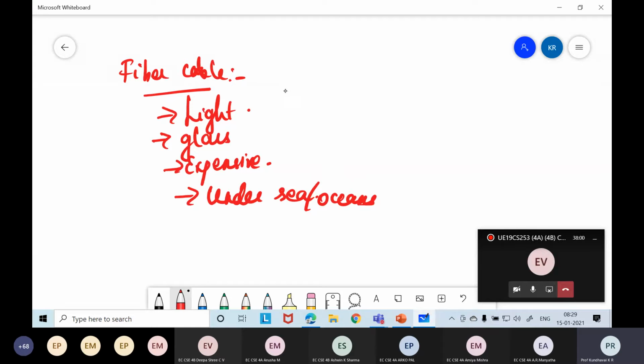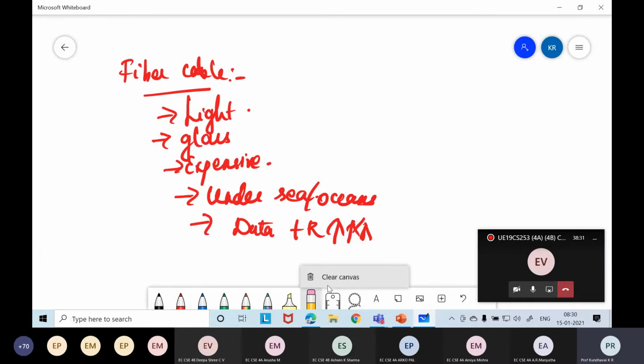It has tremendous data transmission rates, very, very high. Since it's expensive, they are not using it locally. Twisted pair and coaxial cables are enough locally. So these are the three things that we are going to talk about under guided media.